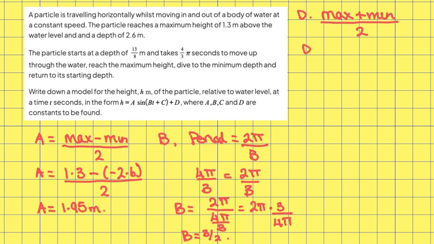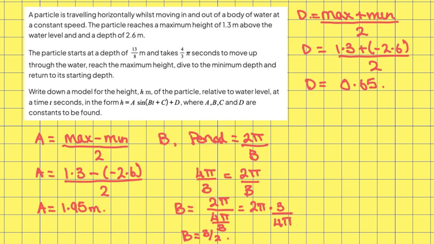So D is equal to 1.3 plus minus 2.6 over 2. So D is equal to 0.65. I've left C till the end because it's the most difficult to find.